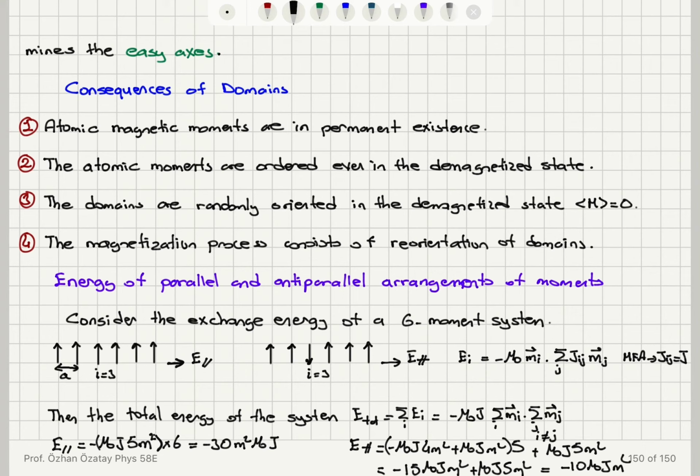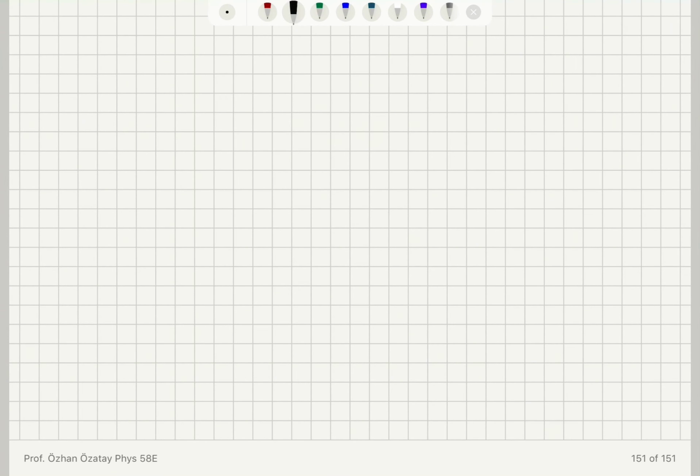So let me summarize here. I found that for the parallel configuration, the exchange energy is minus 30 mu 0 J m squared. For the anti-parallel configuration, it is minus 10 mu 0 J m squared. So if J is positive, that is positive exchange interaction, you can see which configuration has the minimum energy.